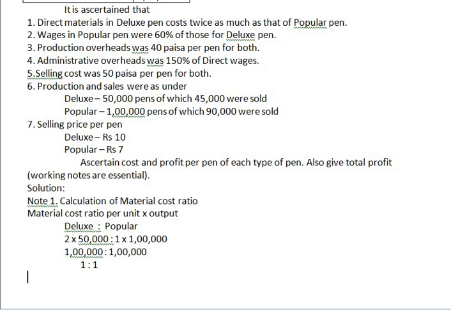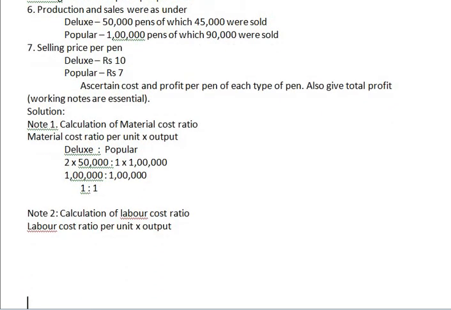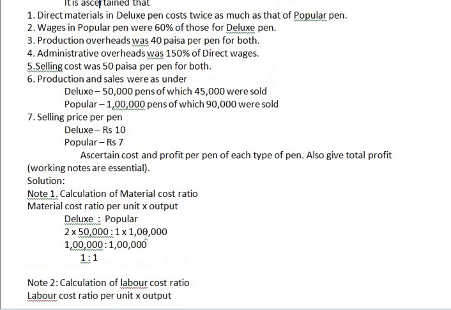Next ratio we need to find out is the labor cost ratio. Again the calculation will be the same. A calculation of labor cost ratio: labor cost ratio per unit into output. Now read the second point. What information is given?